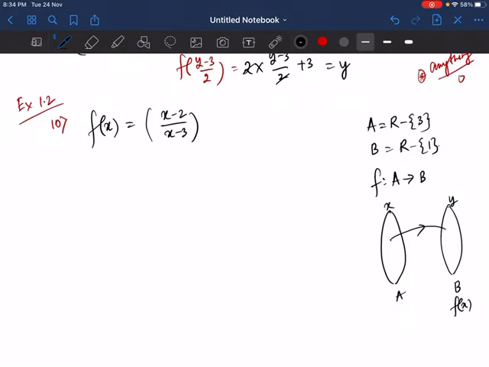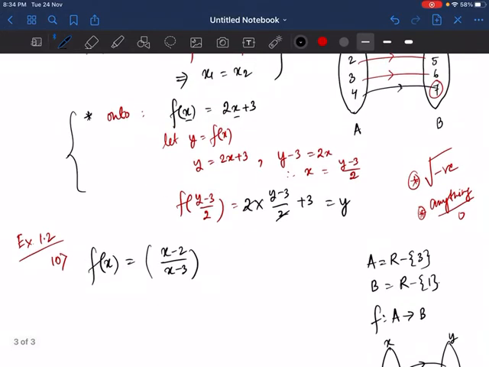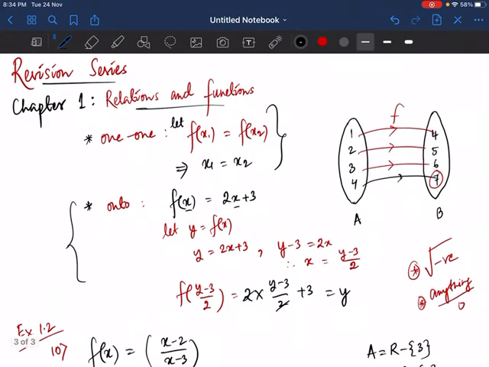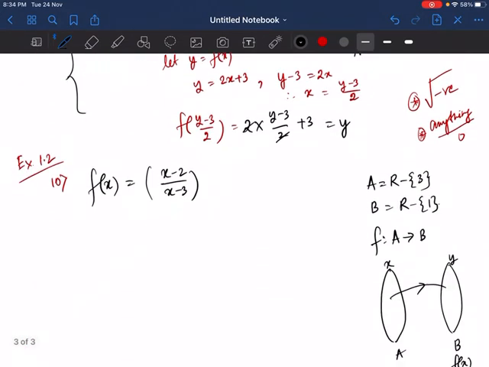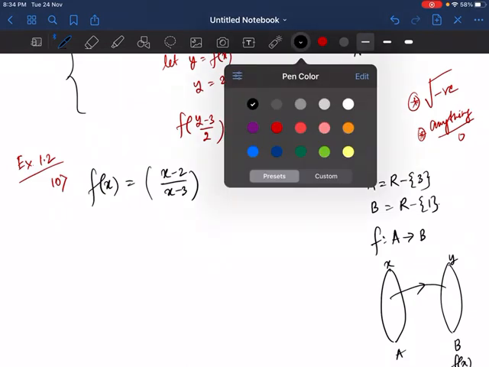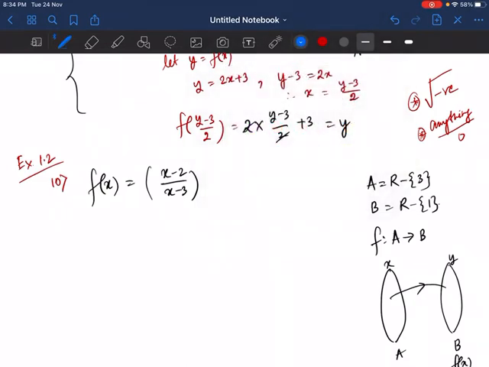So how will we start with this question? For one-one, we already know that we have to assume that for x1, x2, f(x1) is equal to f(x2). So let us write for one-one. We are proving for one-one.